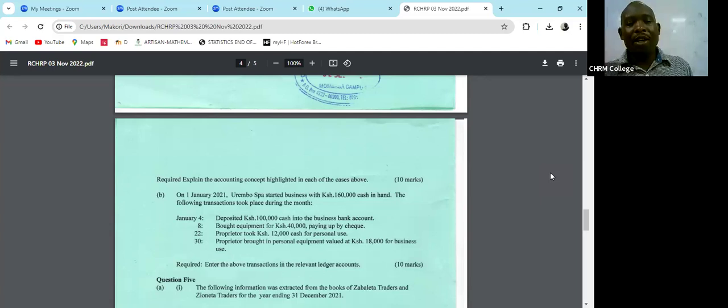So let us see how those transactions were supposed to be entered in the ledger accounts. We have the first one, which is capital. Before you do anything, receive capital. Business cannot operate without capital.